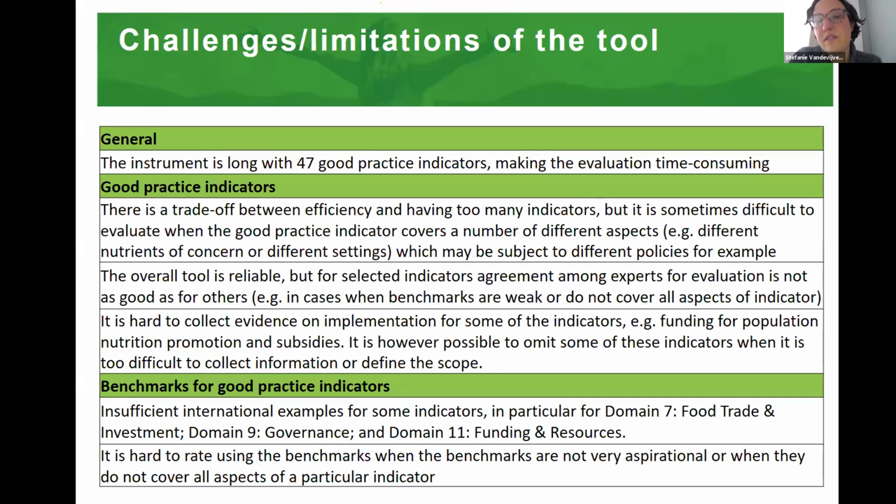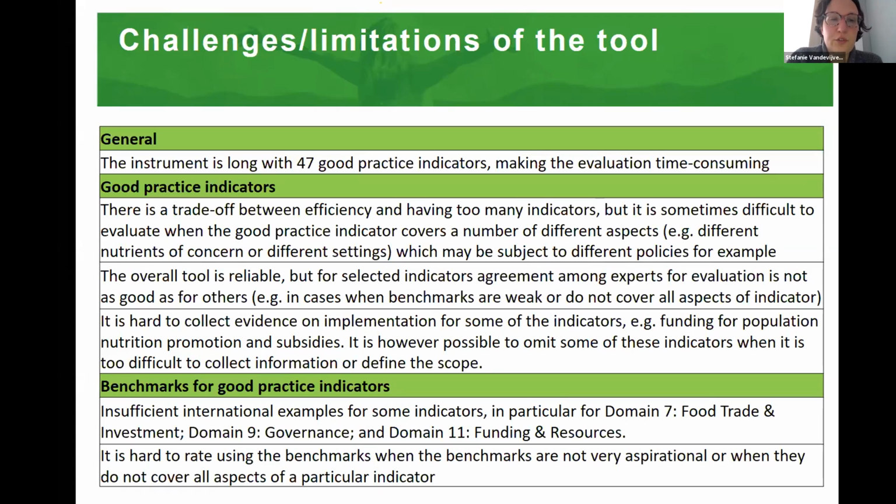And hence, if it's really important for the context, it's possible to split indicators if that would make it easier.